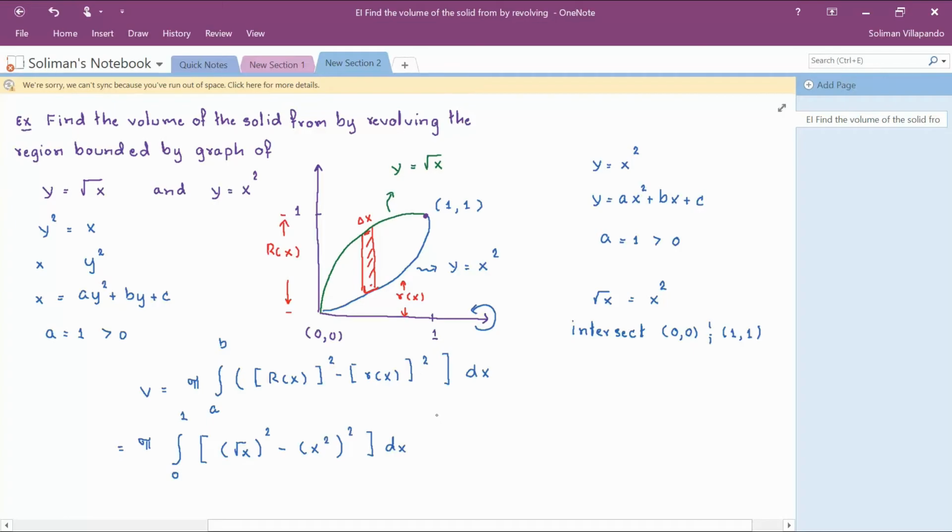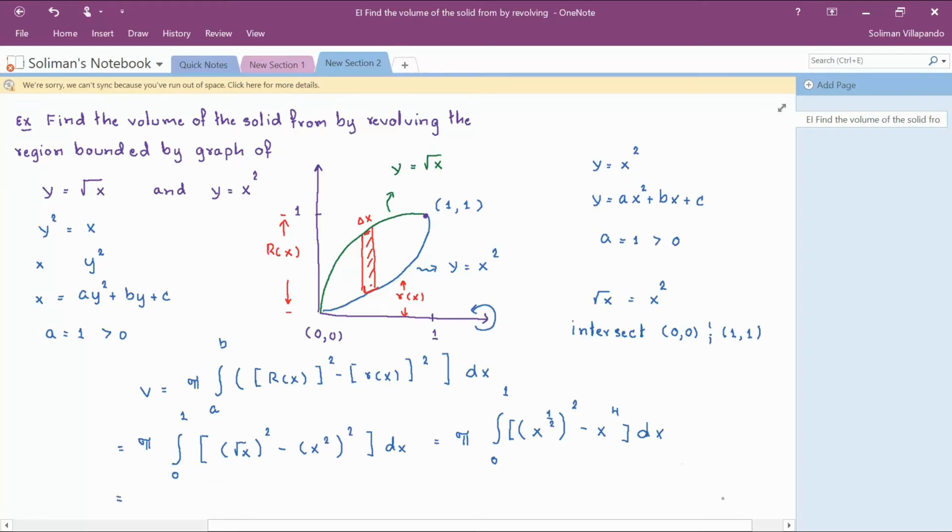So that's our formula. I plug it in. Now let's simplify this. Pi is pi, and the integral from 0 to 1. I'm going to rewrite this with exponents. Square root of x is x to the 1/2, quantity squared, minus x to the 4th, dx.